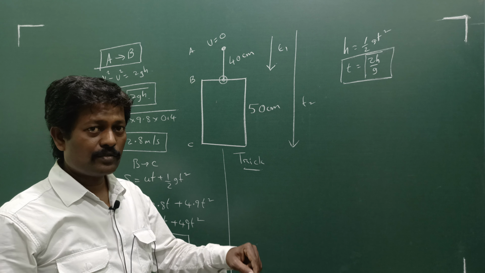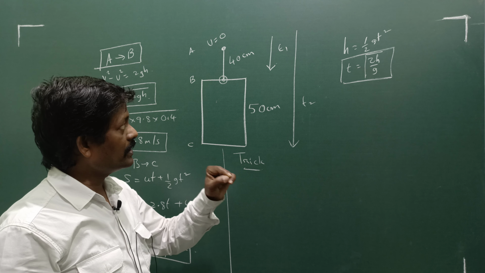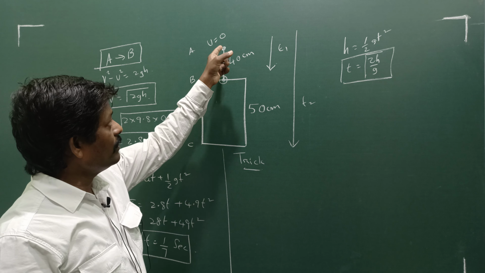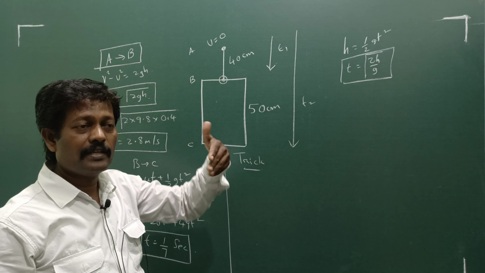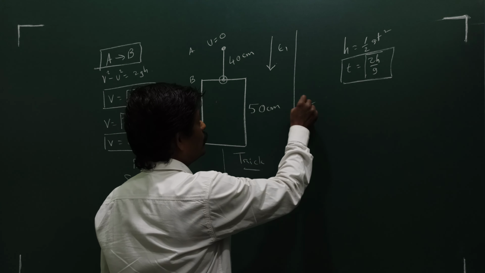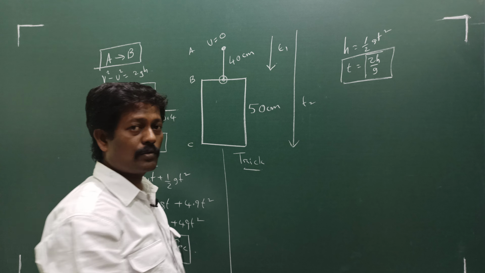That's the advantage. So you have to use your thinking capability that I have to take the equations from A. When I take the equations from A, the sum becomes easier. So t2 minus t1 will be the time taken to cross the window.